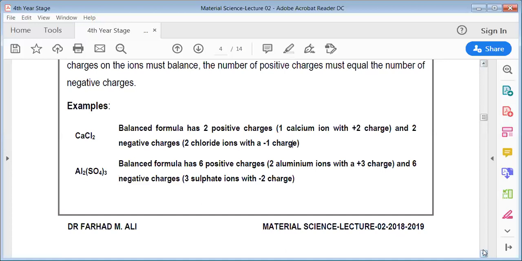Sulfate, which is SO4, has two negative charges, and one aluminum has three positive charges. So you need two aluminum to balance three sulfates. In total, you have six positive charges on two aluminum, and six negative charges on the three sulfates. So that's why it's balanced.